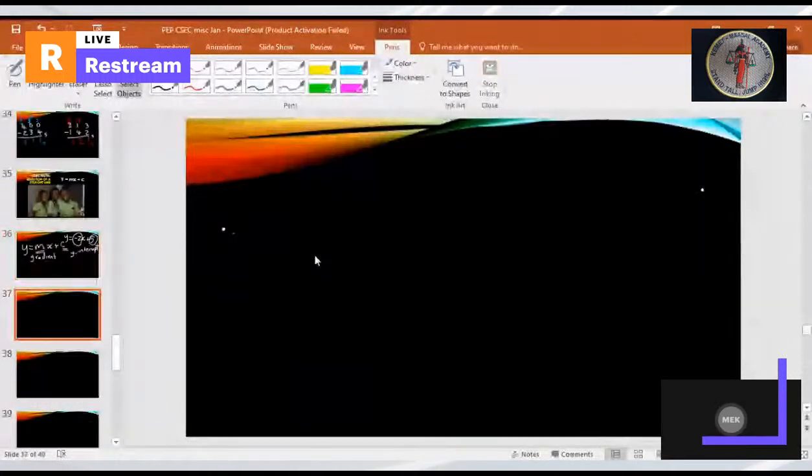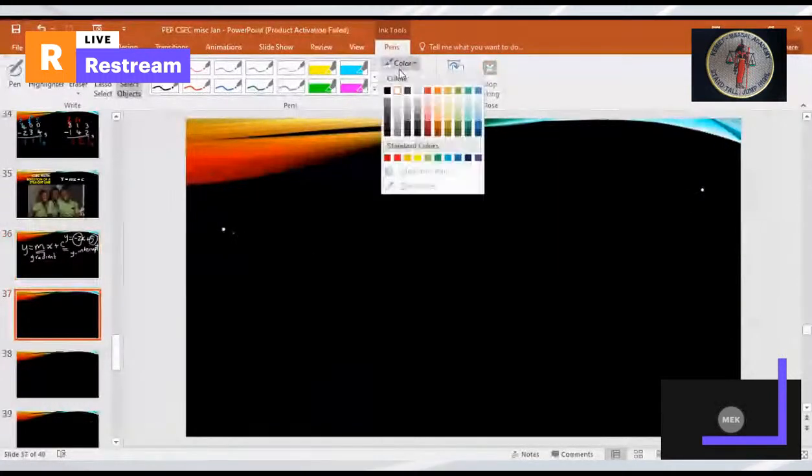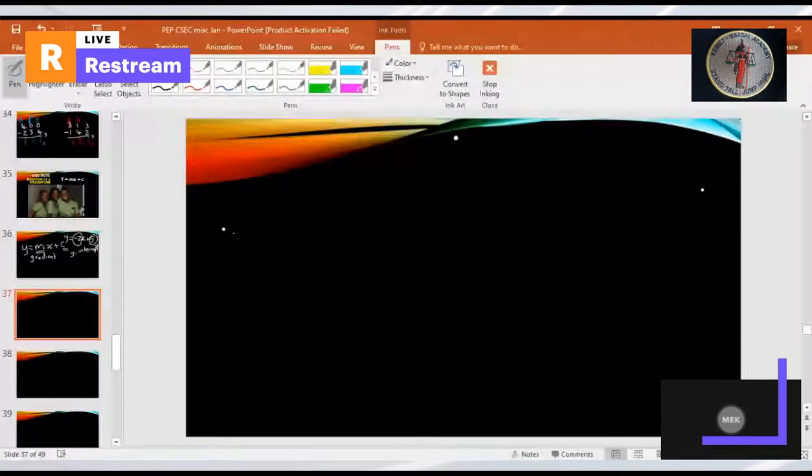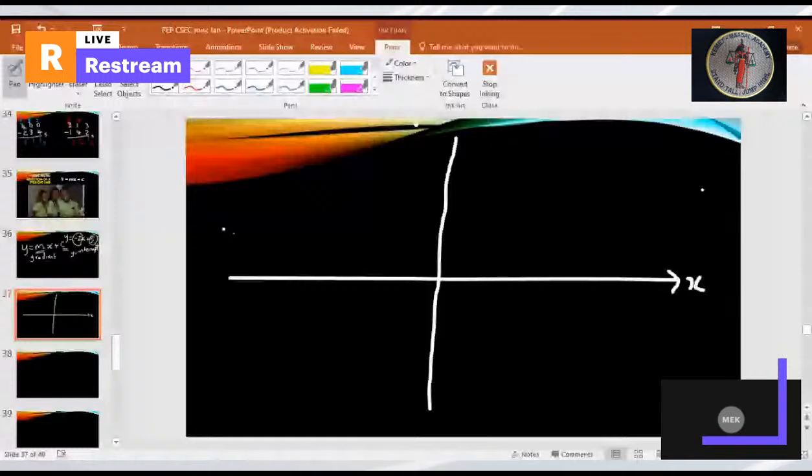So let's remind ourselves of the axes and all of that. Let's say this is our coordinate plane. That's our x-axis, and this is our y-axis. We have our origin, or 0, right here, dead center in the middle. Everything above 0 on the y-axis is positive, so this is our positive y-axis.